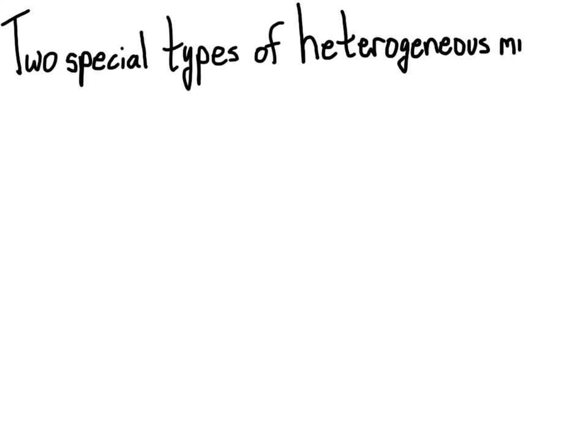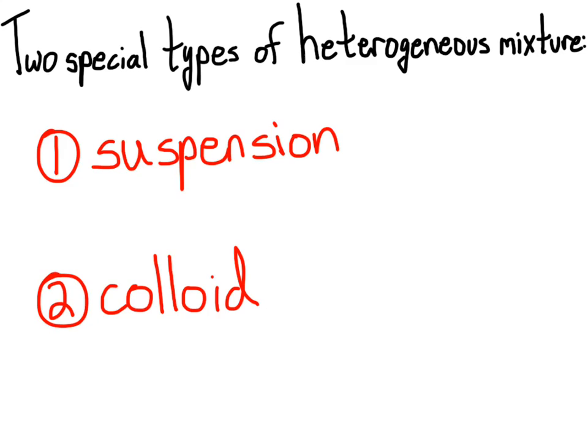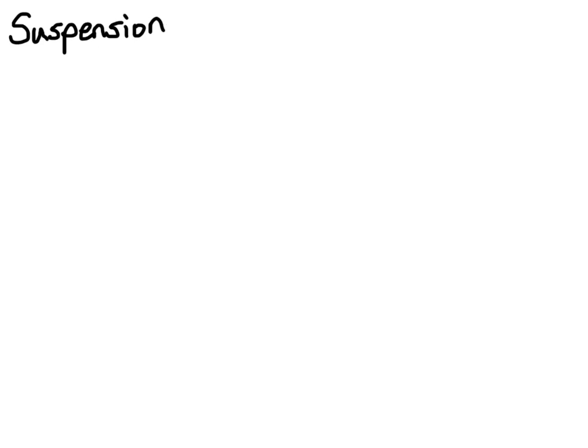Okay, now we're going to look at 2 special types of heterogeneous mixture, and we've discussed them in class. The first one is called a suspension, and the second one is called a colloid. So first we'll look at a suspension.